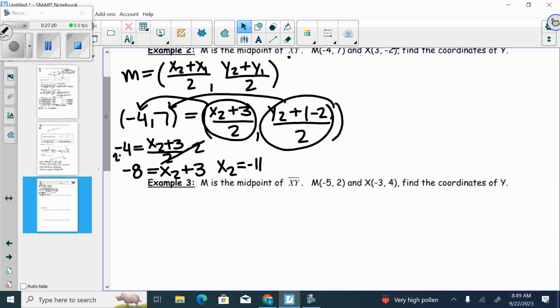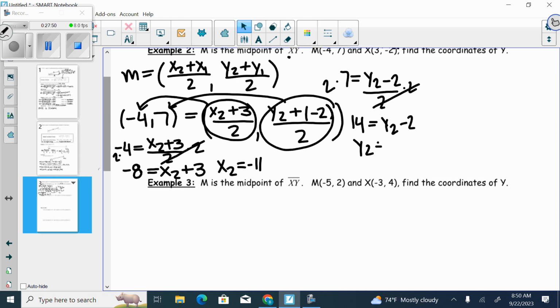So my y was 7, so I'm going to have 7 is equal to y2 plus -2, or just -2 over 2. Again, how do I get rid of the fraction? Multiply both sides by 2. So 2 times 7 gives us, very good. And then what should we do? Add 2, and we end up with y2 is equal to 16.